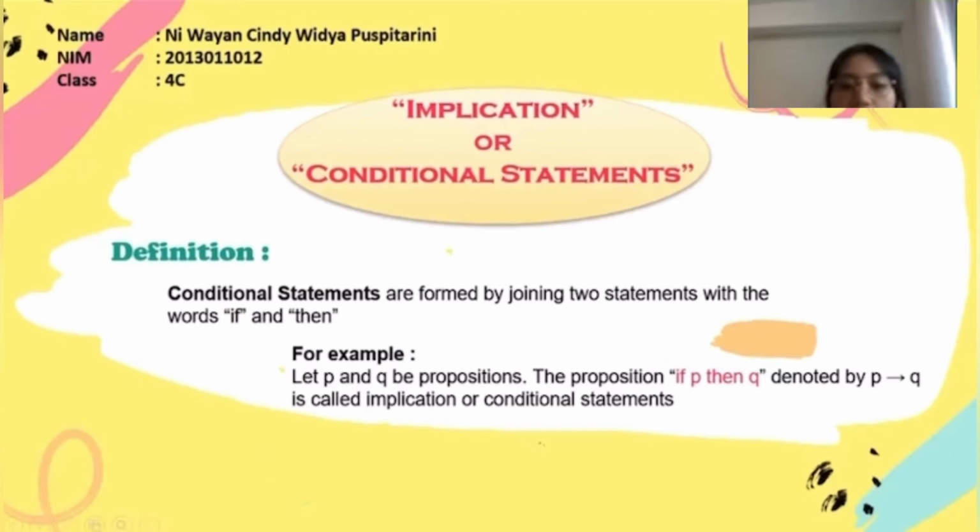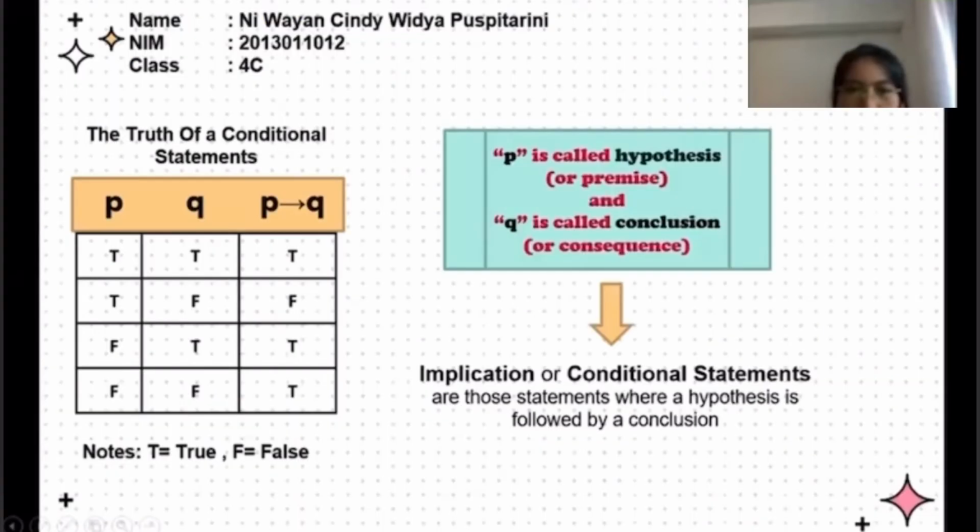Okay, next. Next, we're going to the truth value of conditional statement. When P is true, Q is true, then P implies Q is true. When P is true, Q is false, then P implies Q is false.